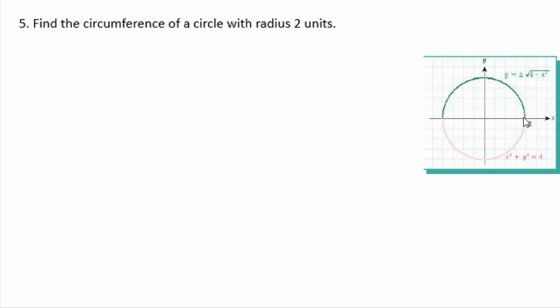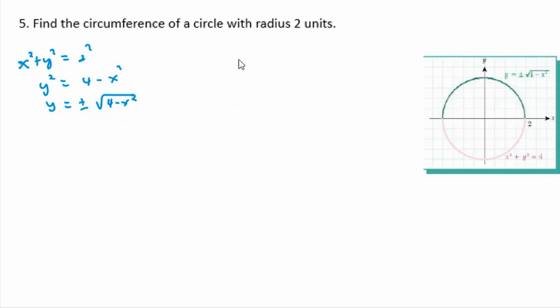It follows that from x squared plus y squared equals 2 squared, solving for y, we have y squared equals 4 minus x squared, and y now is equal to plus and minus the square root of 4 minus x squared.